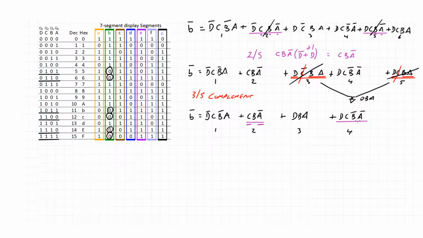We've got C and not A in both terms. So they'll be the common factors outside the brackets. So that is the absorption law. In the bracket is B or not B D. So that not B is going to disappear.